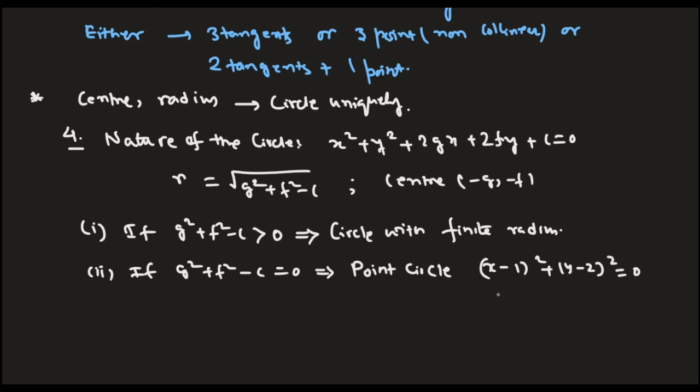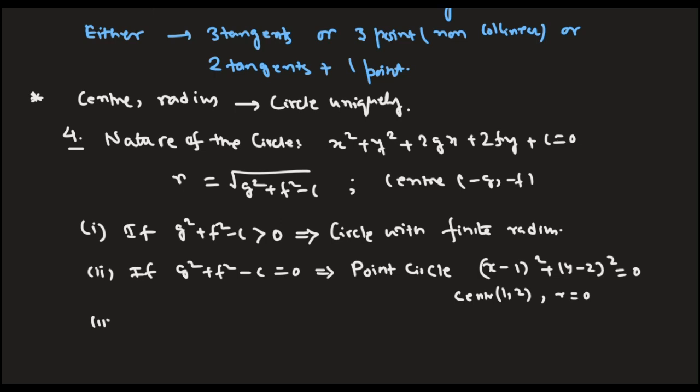This is a point circle. That means this point (1, 2), which is a dot, is the circle with radius 0. This is the center of your circle, and the radius is 0 here. So we get a point circle.